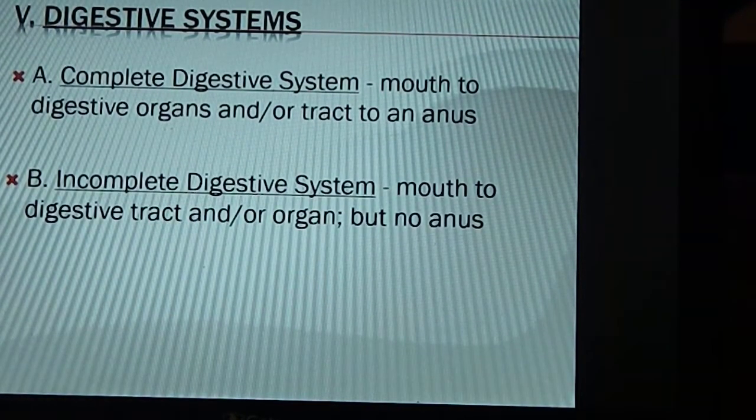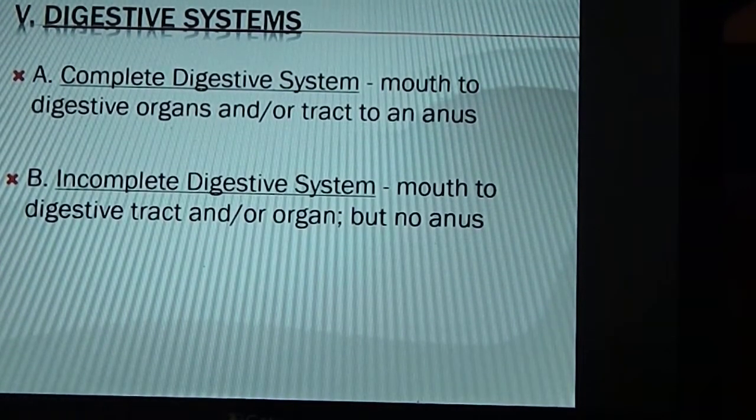Digestive systems. Most of the complex phyla will have a complete digestive system. That means that they have a mouth and a digestive tract and then an anus that empties the waste from the body. But there is one group called the Platyhelminthes, which are the flatworms, that has an incomplete digestive system. And this is where you have a mouth and a digestive tract, but no anus.